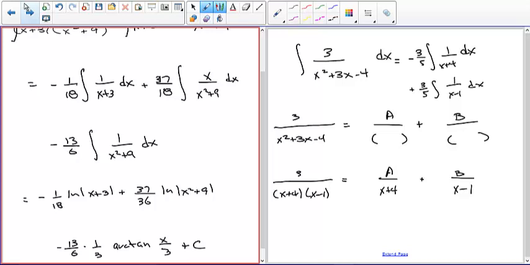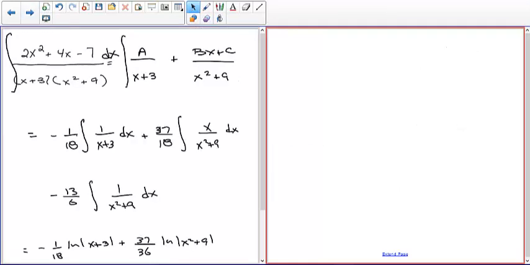Okay, so the next one is a similar kind of thing, except if you factor the denominator, you'll have repeat linear factors. So this is the second case. If you factor the denominator, you'll get x plus 2 times x plus 2. And that means you need to use the repeat linear factors form. So let me add a page here.